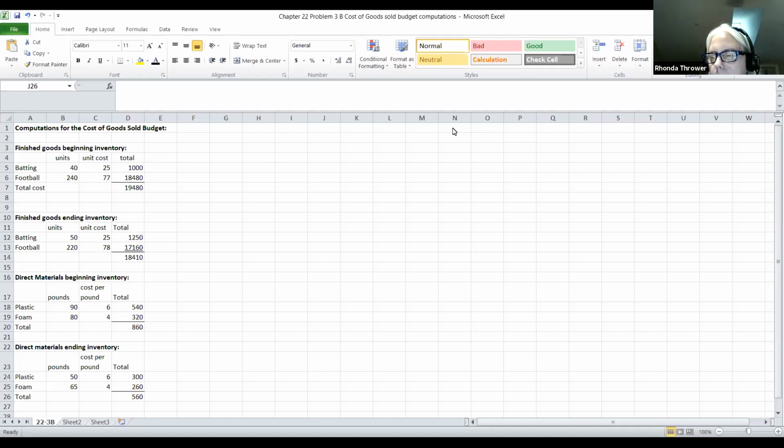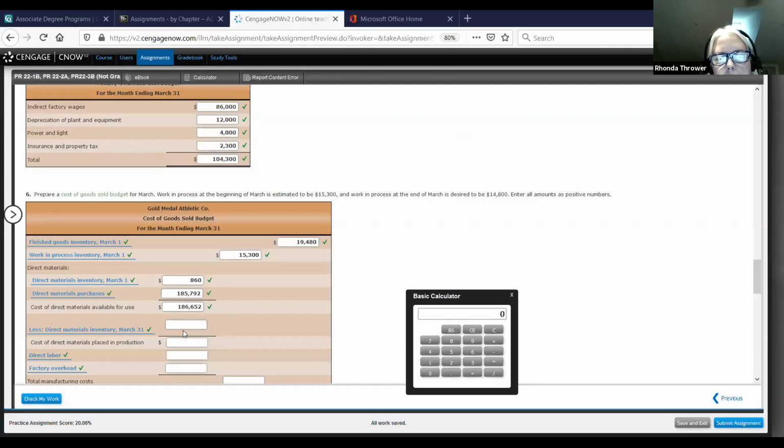So back to Cengage. And the ending inventory of our materials was $560. Notice we're subtracting the ending inventory from what we had available for sale. So I'm going to put into my calculator 186,652.